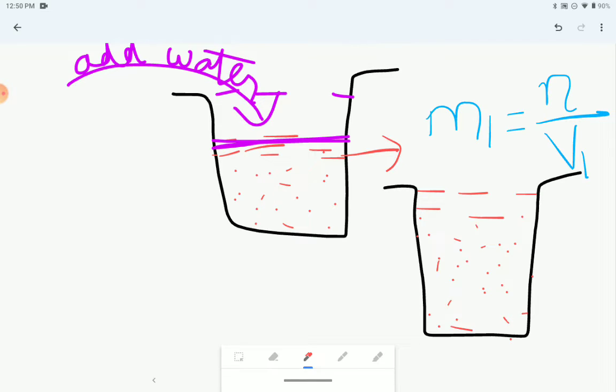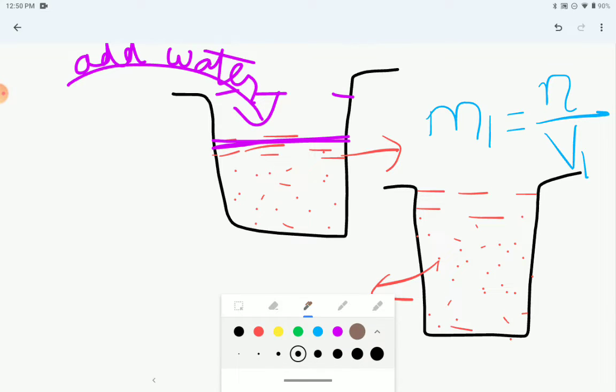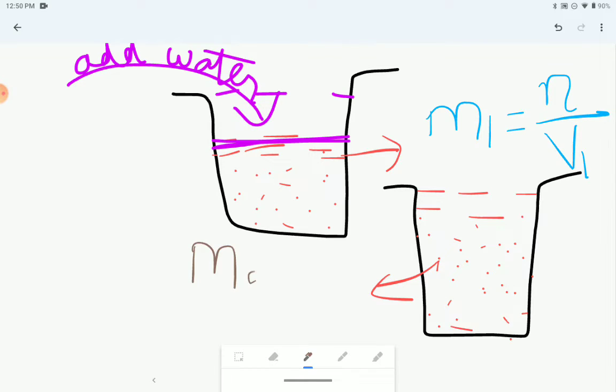Everybody is understanding, right? Now if we add water, the level increases. That means in this particular solution we'll have some mass m2 and the number of moles will be the same, because I'll give you an example.